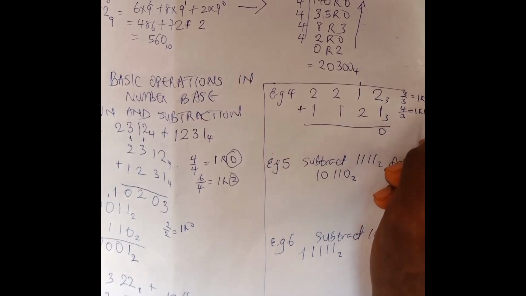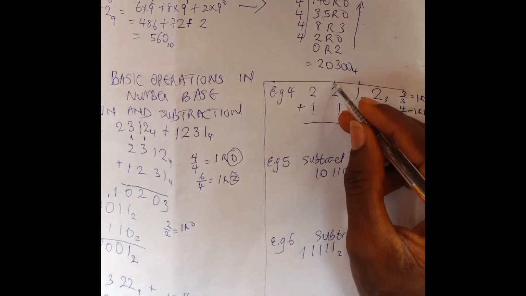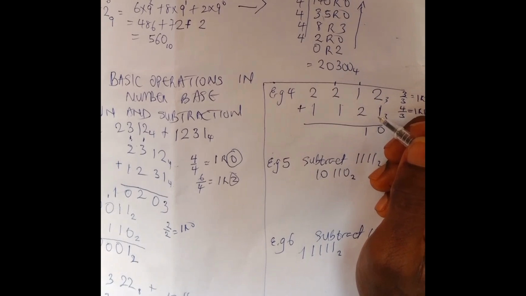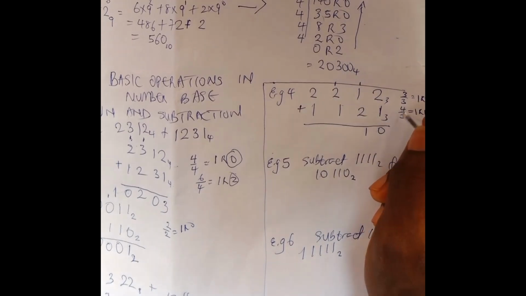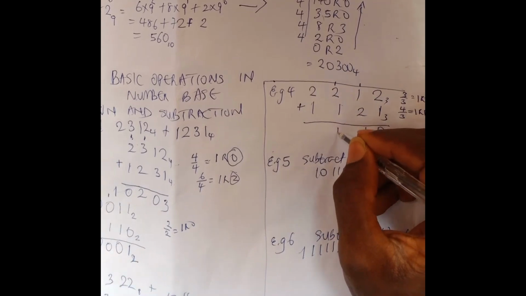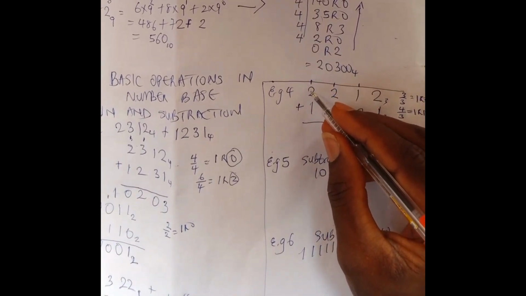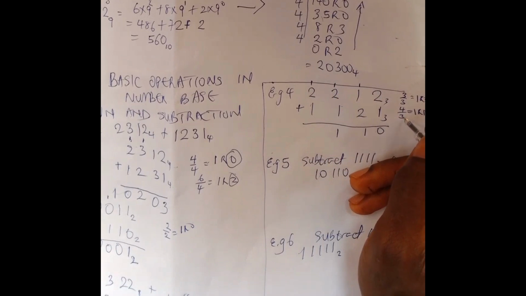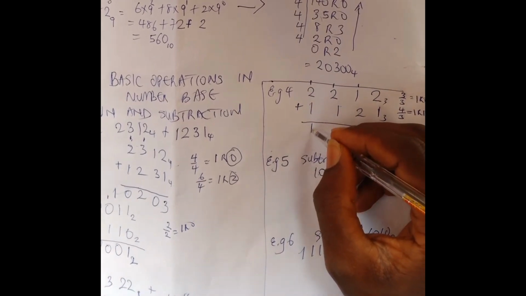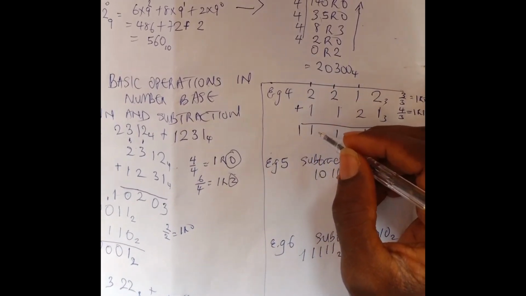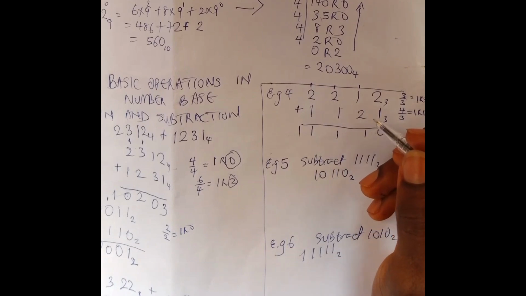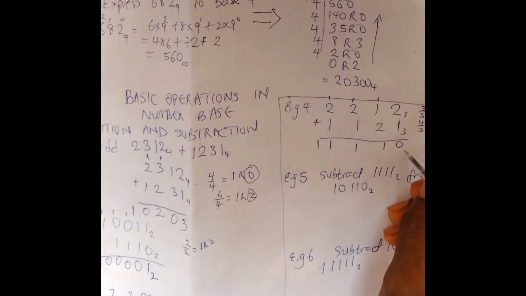You write the remainder, take the other one up. 1 plus 2 is 3, 3 plus 1 is 4. 4 divided by the base gives us the same thing, 1 remainder 1. 1 plus 2 is 3, 3 plus 1 is 4. 4 divided by the base gives us the same thing. You write the remainder and write the other one. So this is our answer in base 3.